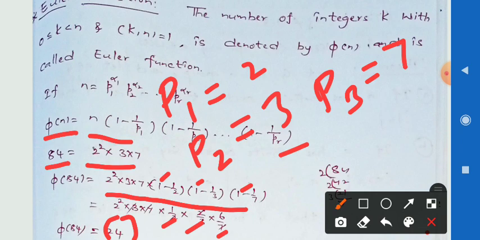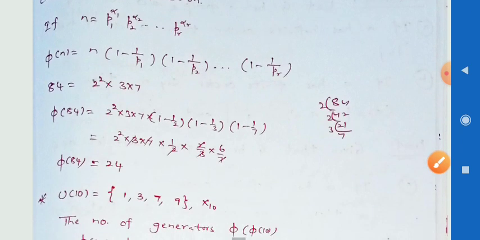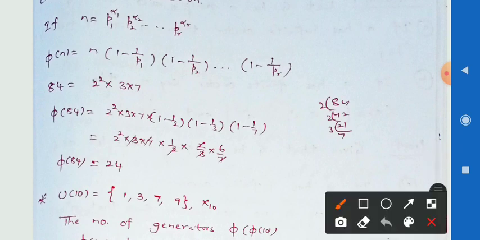Here it means if any group contains 84 elements, in that group the number of generators is 24. Once again I will say, if any group contains 84 elements, in that group the number of generators is 24.